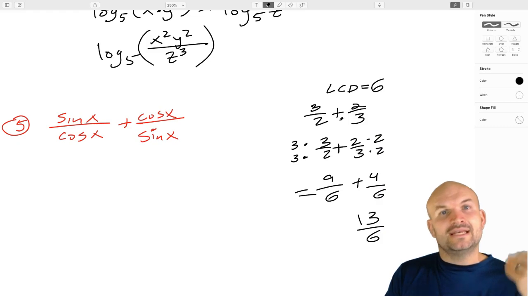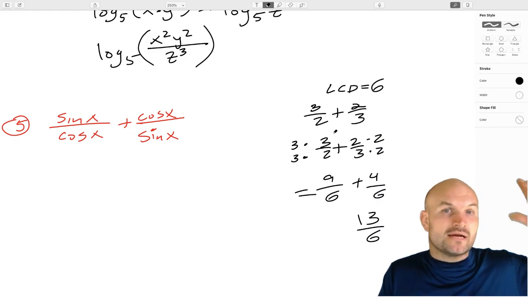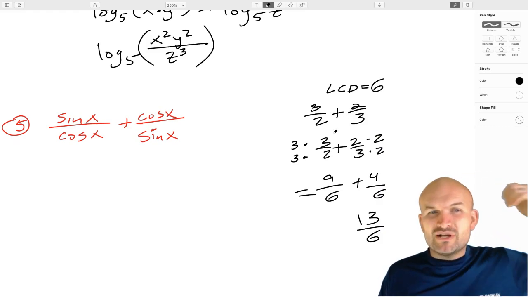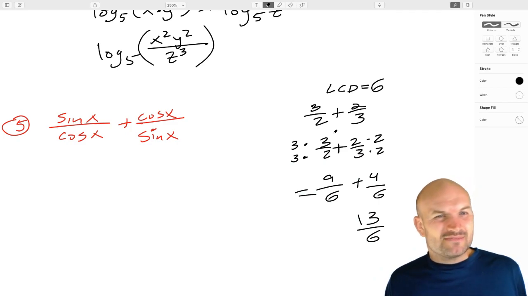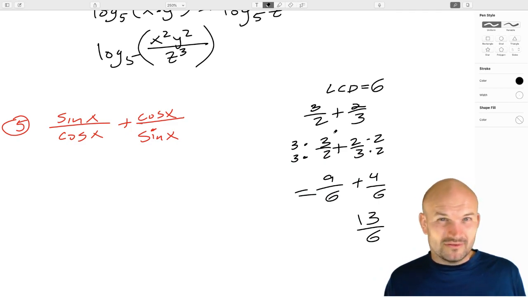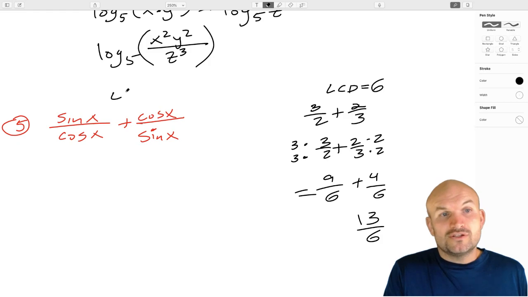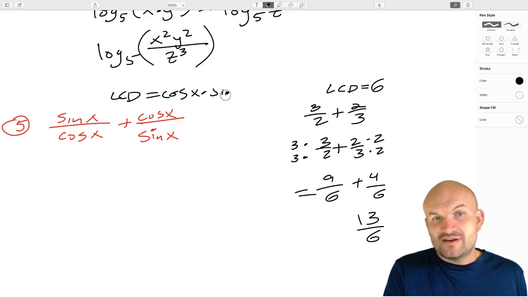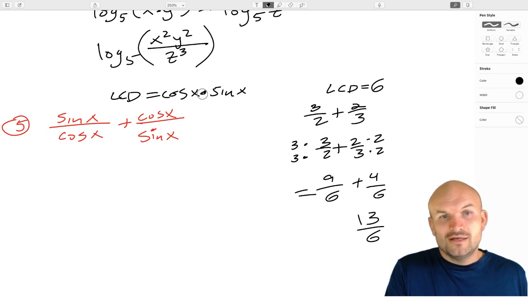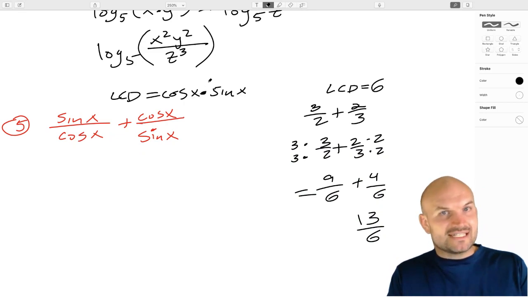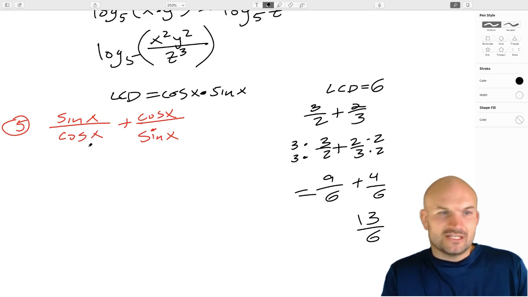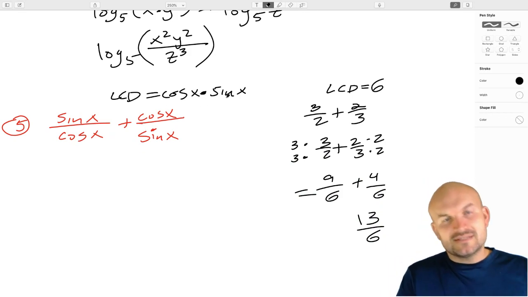But the LCD ends up being 6, the smallest number they both divide into. But with cosine and sine, it doesn't make as much sense what they both divide into. So we know that they both will divide into at least the product of sine and cosine. So the LCD in this case is just going to be cosine of x times sine of x, right? We know sine of x divides into that product because that's cosine of x, and cosine is going to divide into that product because that's sine of x.